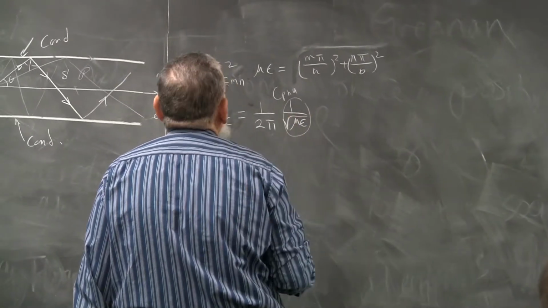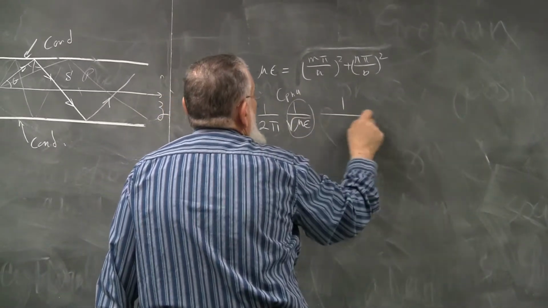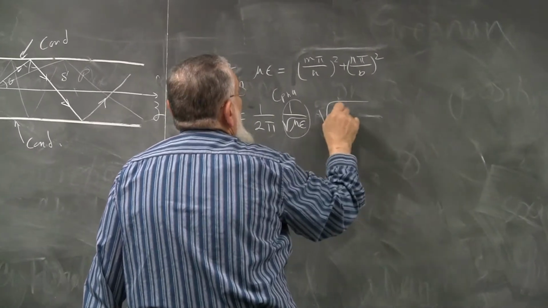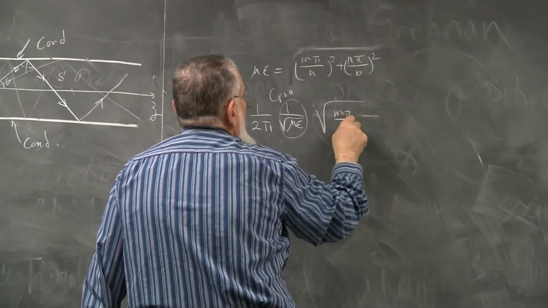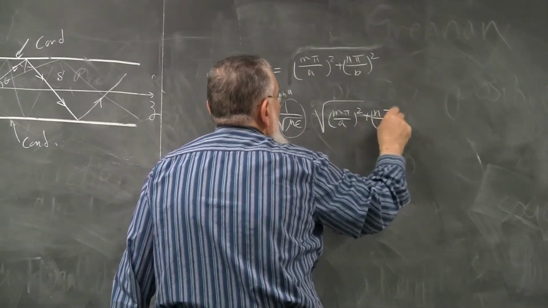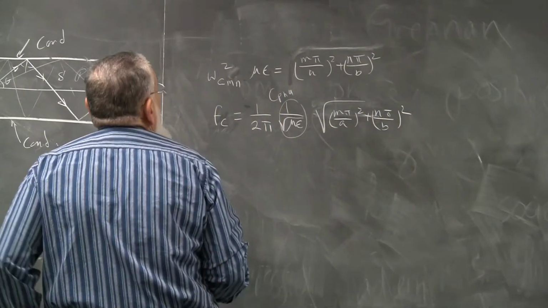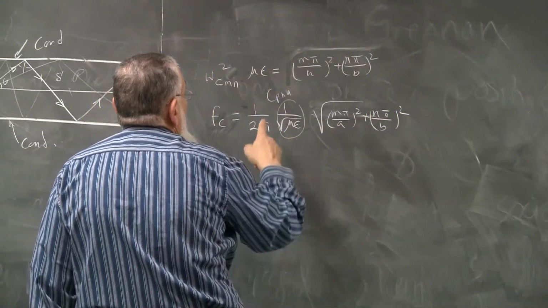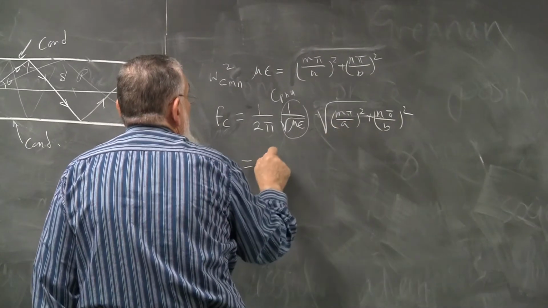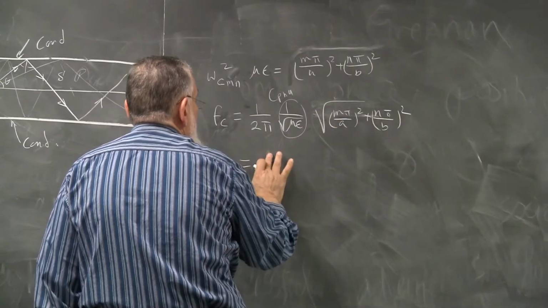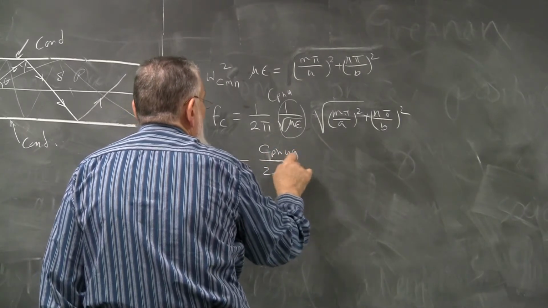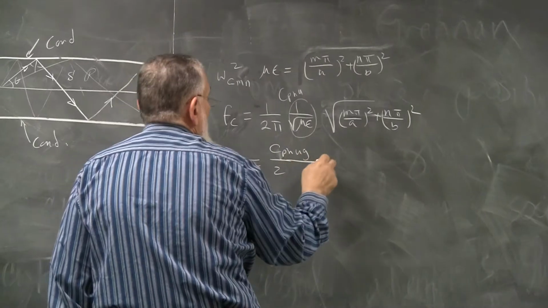And then times the square root of m pi over a squared plus n pi over b squared. So the 1, 0 is going to be pi over a. So you have 1 over 2 phase unguided over 2 a.